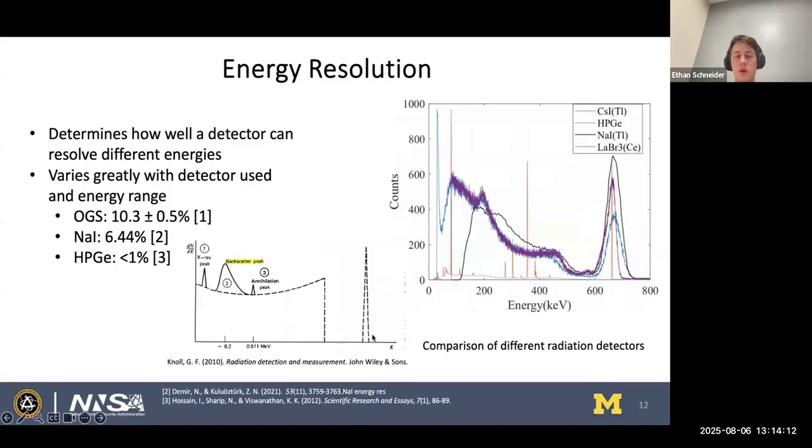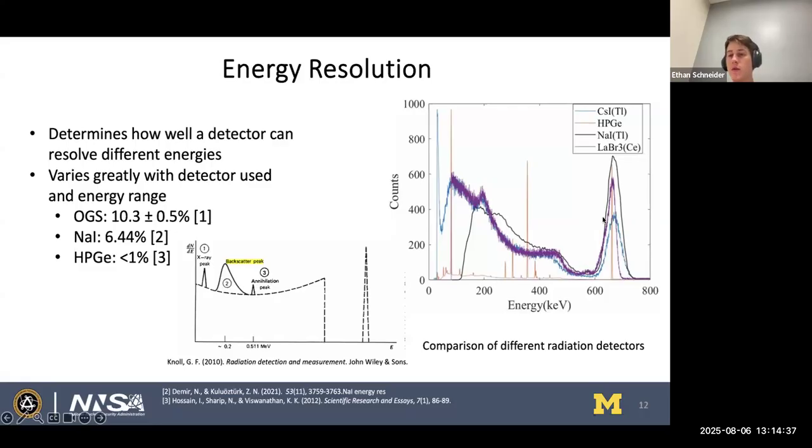So in an ideal world with perfect energy resolution, for a monoenergetic source, we'd expect just a single peak, a single line of a negligible width. Due to energy resolution, we'll get some broadening of this, and it goes from a peak into a Gaussian distribution. This will also greatly impact what our distributions actually look like, as you can see on the right.